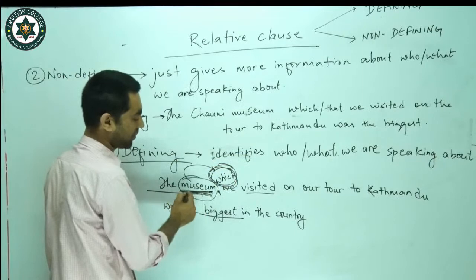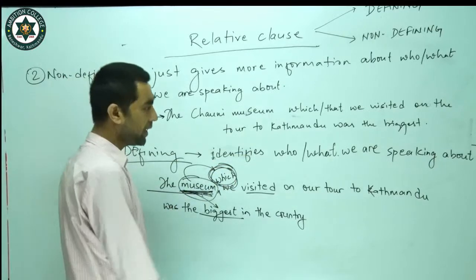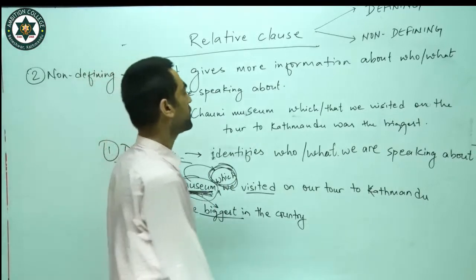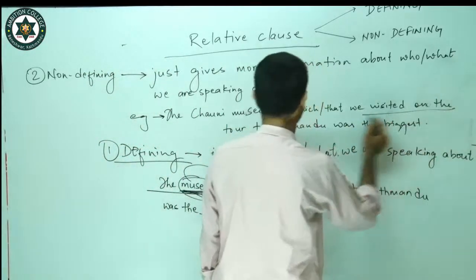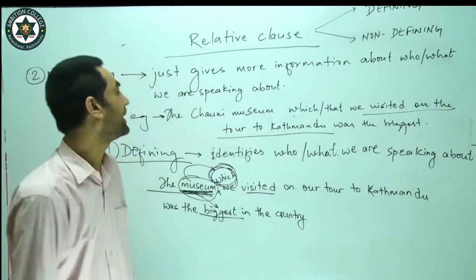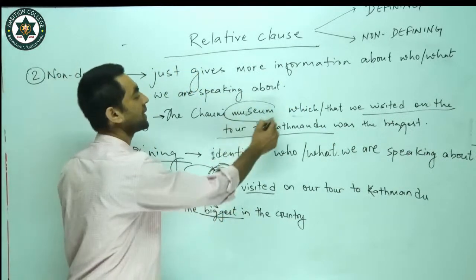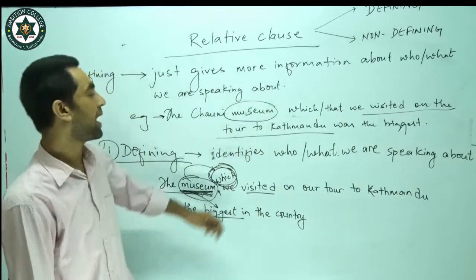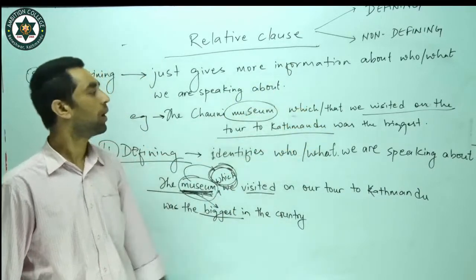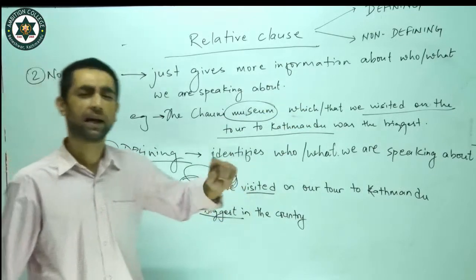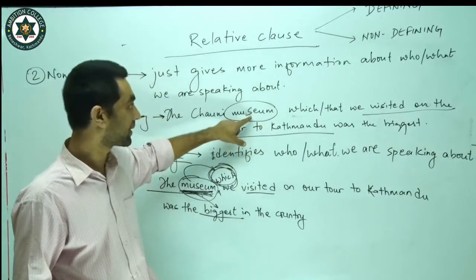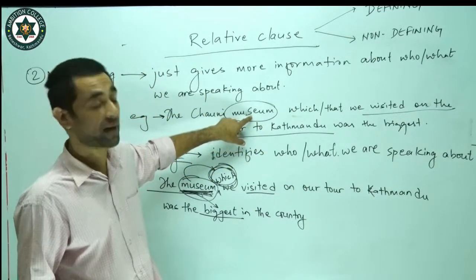That is, this museum is the biggest. Here, though the information is provided, which we visited on the tour to Kathmandu, you are not directly defining the museum here. This part of the sentence can have, okay, which was the biggest museum that we visited in Kathmandu. So here you don't get the definition of the museum directly.